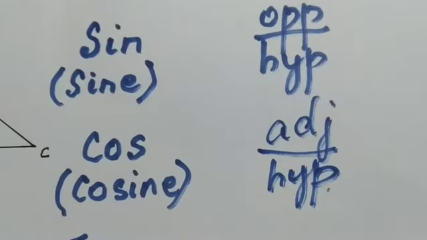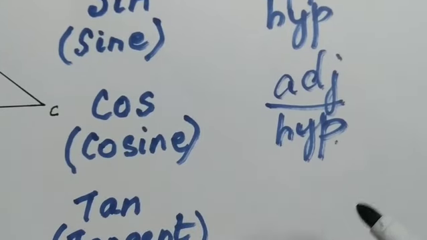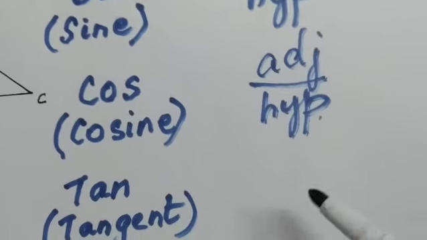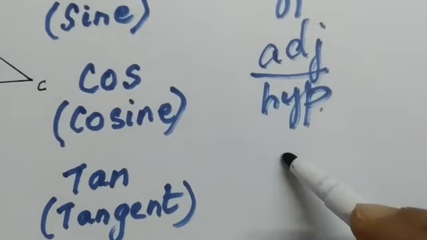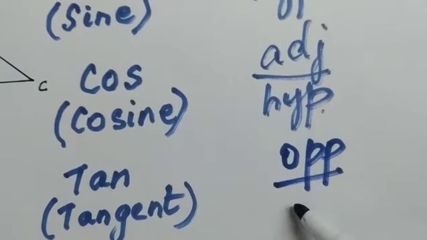So cos hangs around with the adjacent side, but it still compares the adjacent side with the hypotenuse. Now the third superstar, tan, is not at all bothered about the hypotenuse. Its job is to compare the opposite side with the adjacent side.